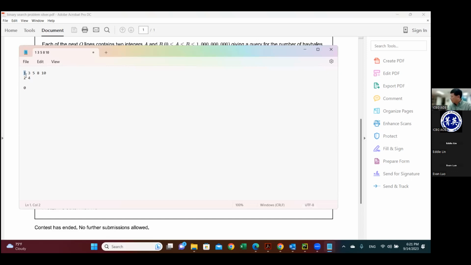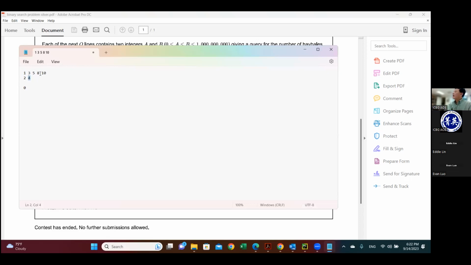1 is less than 2. The second one is 3. 3 is larger than 2. So 2 is in between 1 and 3. So if you cannot find the 2, the left bound will be 0. That's the index value. And then you are trying to find the 4.